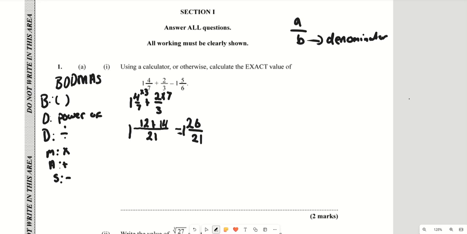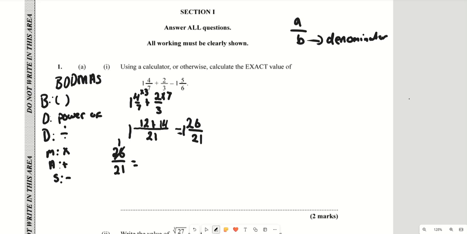Now, 26 over 21 is known as an improper fraction. The reason it is an improper fraction is because my numerator, the number on top, is larger than my denominator. So I have to convert this to a mixed number. 26 over 21 is equal to how many times can 21 go into 26? 21 can go into 26 one time. And then you ask, what is your remainder? 1 by 21 is 21, and then you count up to 26: 21, 22, 23, 24, 25, 26.